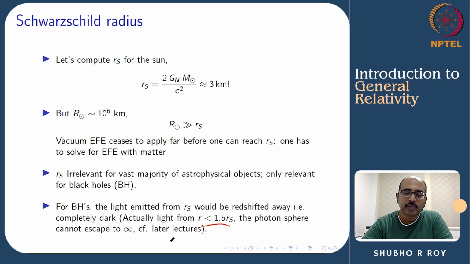And we will discuss this next week when we discuss light geodesics in the Schwarzschild geometry. So the bottom line is that for most astrophysical objects like stars and planets, we can ignore the Schwarzschild radius as irrelevant to the discussion, because the vacuum Einstein field equation will not hold up to RS. It will be violated even much before that.